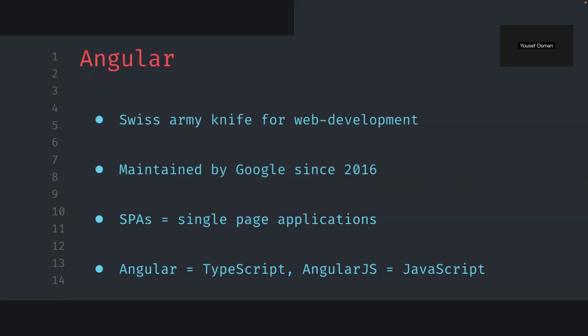Let's start talking about Angular. I would call it a Swiss Army knife for web development because it includes a lot of things, which I'll talk about a little later. It's maintained by Google since 2016. I mean, it was created in 2011, but it was actively maintained by Google since 2016.